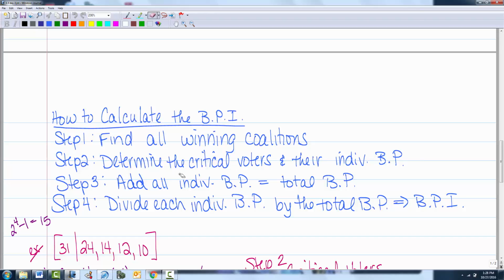See how many total individual Banzhaf power points you get. The BPI then is just each individual BP divided by the total, and you make it a percent.